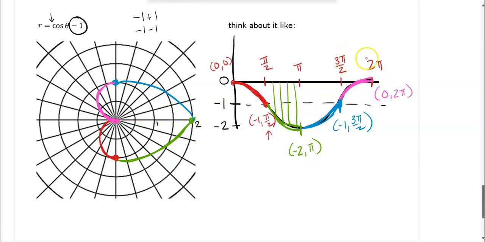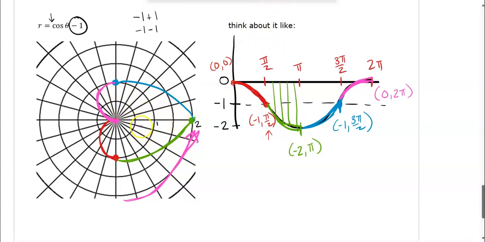If I think about it this way, 3 pi over 2 to 2 pi, that's going to be right over here, right? But I have a negative r value. Negative r value means I'm going to instead be over here because it's on the opposite side because I have a negative r. And now I've got a pretty little limaçon.